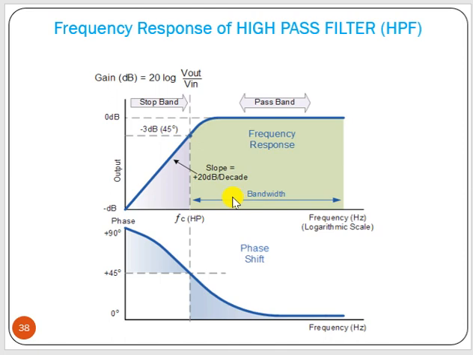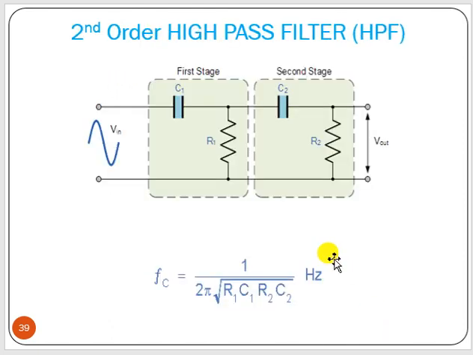So this is the frequency response. Similarly, at 0 it is 0 and it goes to a higher value, and this is your 0 dB. Gain is 20 log V out by V in. If you go from 0 to the minus 3 dB point, that is your cutoff frequency. The phase starts from 90 degree then goes to 0.